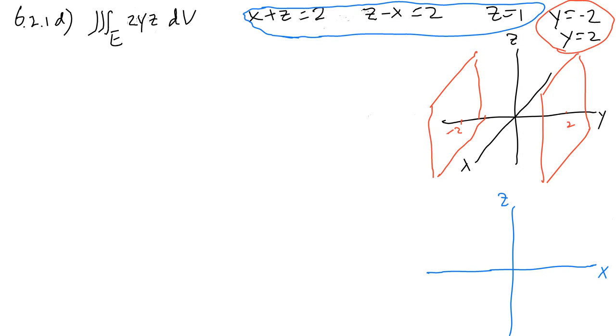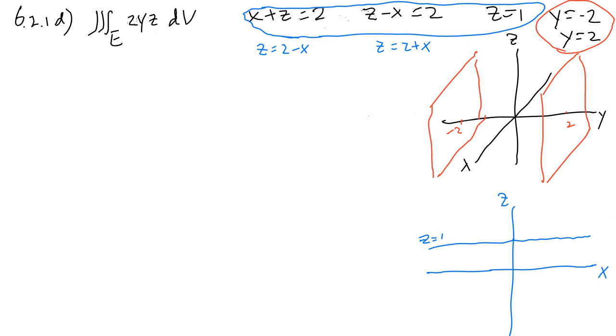Well, z is 1, that's just a line, right? So z is 1, that's over here. Right, so this is z is 1. Then I have x plus z is 2. Well, let's write everything such that z is a function of x. So this is the same as saying that z is 2 minus x. And this is the same as saying that z is 2 plus x.